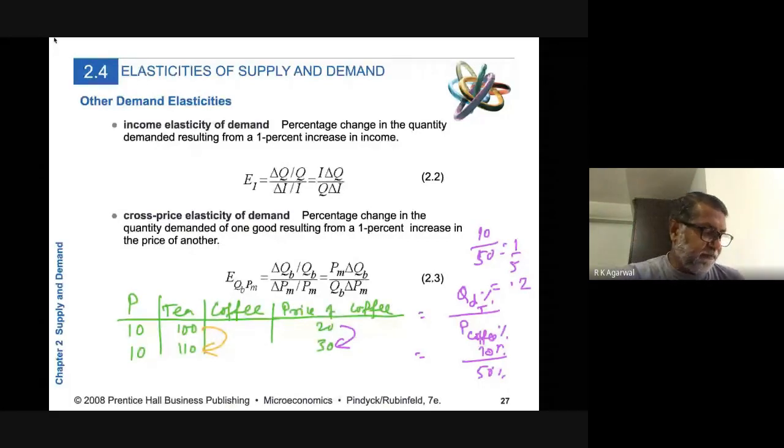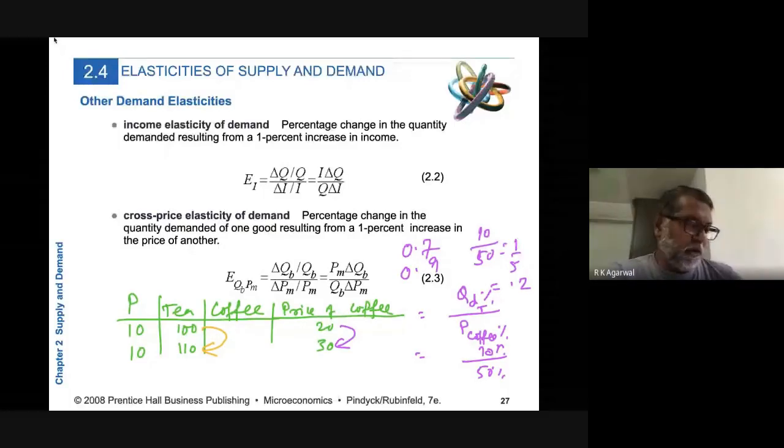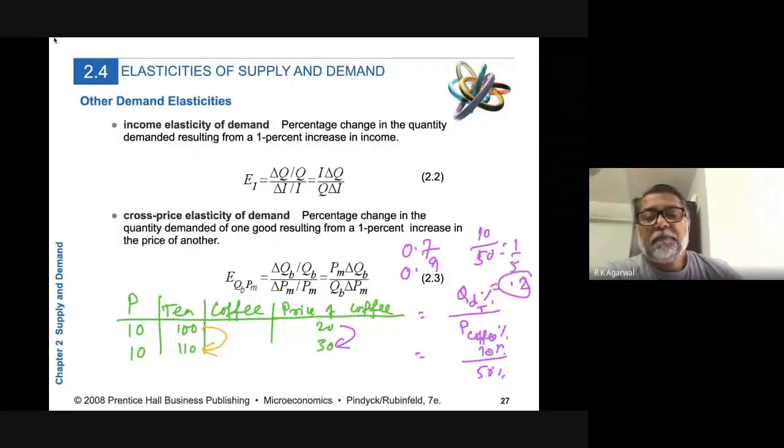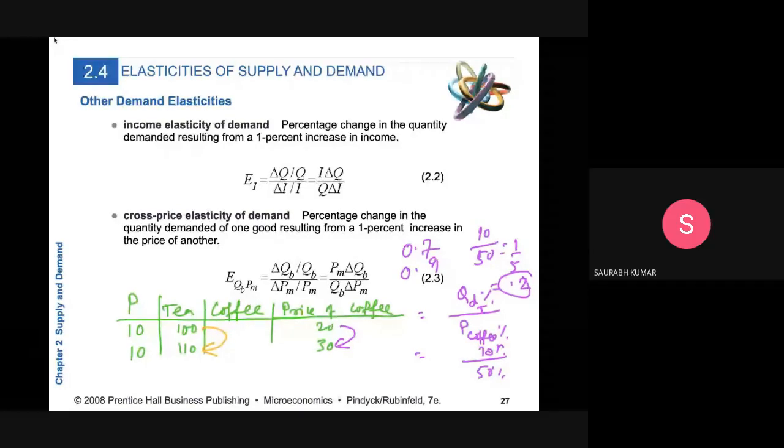Now, had it been 0.7 or 0.9, what would it have meant? Or even this 0.2, what does this 0.2 mean? How do you interpret it? So due to the increase in the price of coffee, the demand of tea has risen by 0.2%.